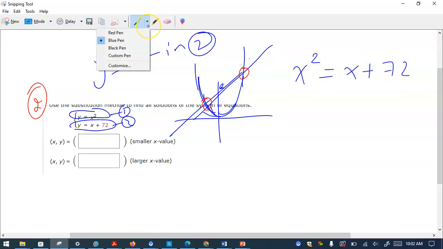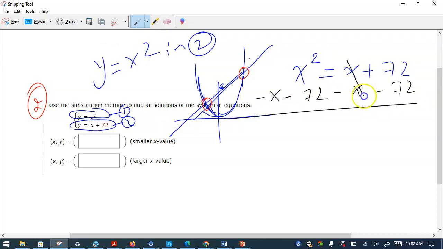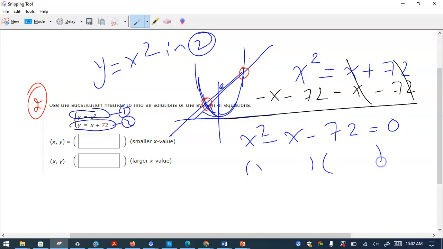And then subtract 72 both sides, subtract x and also subtract 72 both sides. So that way this goes away and you get x squared minus x minus 72 equals 0. Now remember there is a minus 1 here, so you want to split this 72.